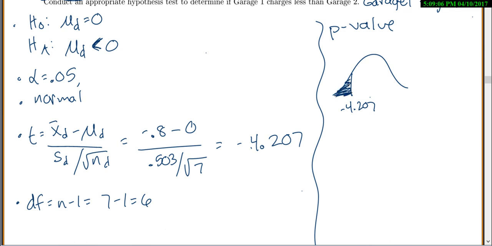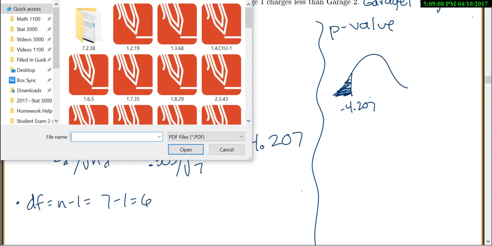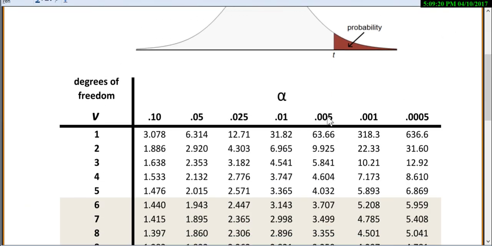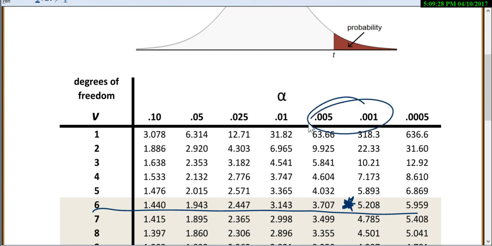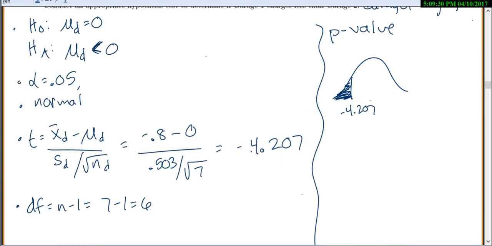So we open up our t-table. We're looking for 6 degrees of freedom, and we're looking for the number 4 point something, so that would be about here. Now we're using symmetry and looking for a positive value. So we're between 0.001 and 0.005.